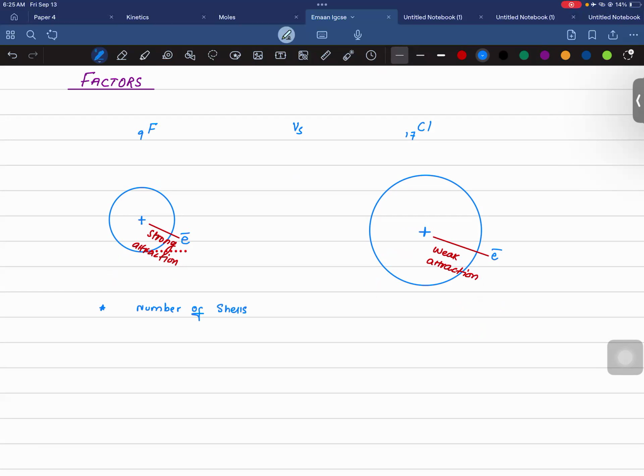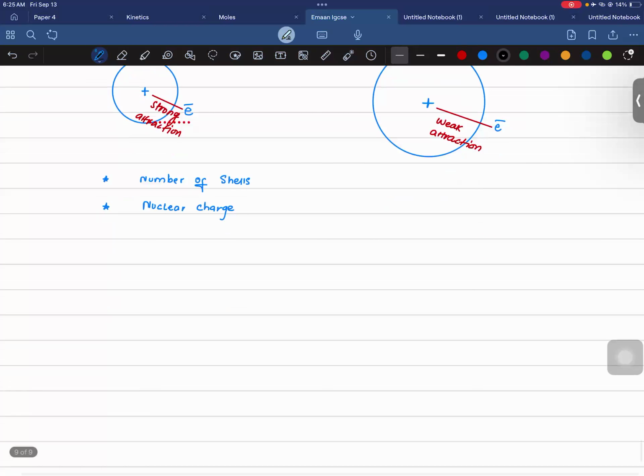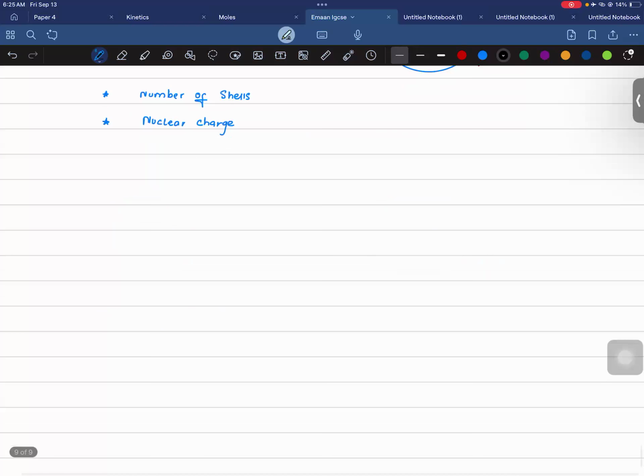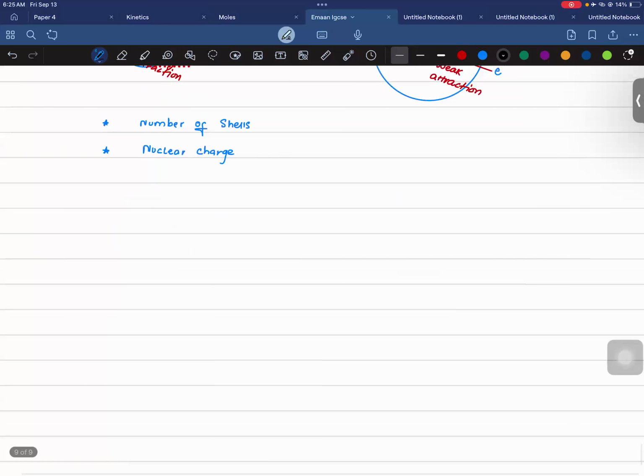Number two, it depends on the nuclear charge. Nuclear charge means the nuclear attraction.